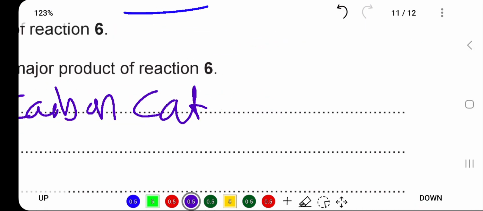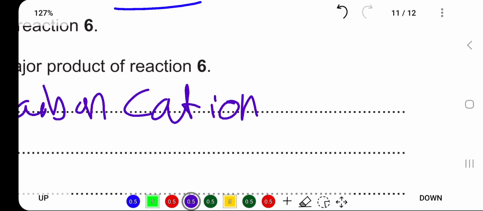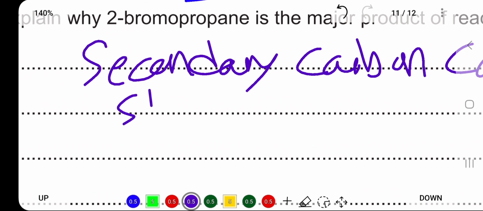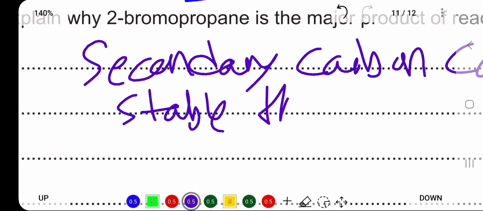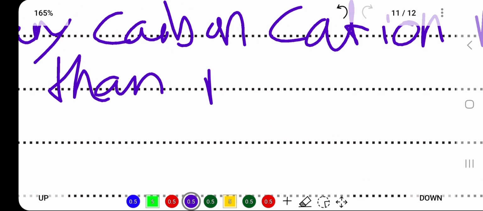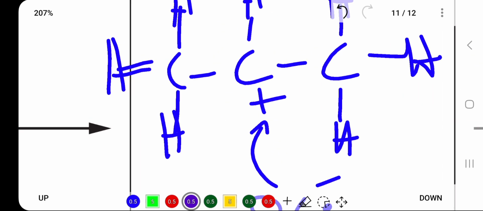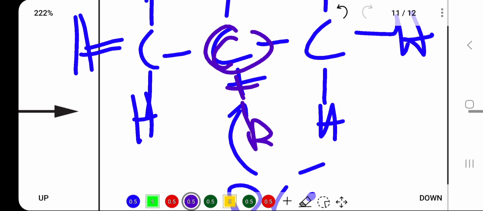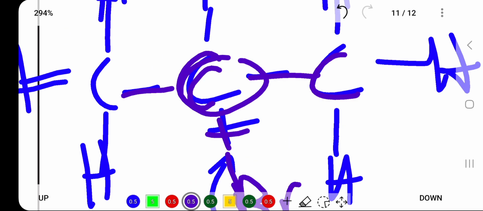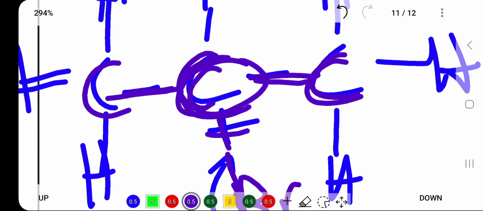So why do we say a secondary carbon cation is more stable than primary? It means that this is the carbon cation, which is secondary because the Br is bonded to this carbon, and this carbon is bonded to one carbon chain and one other carbon.